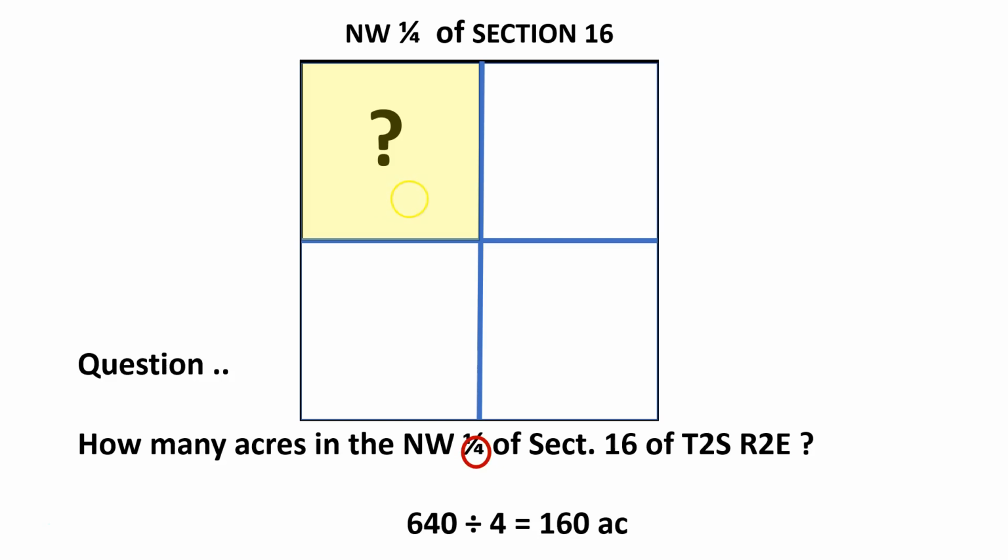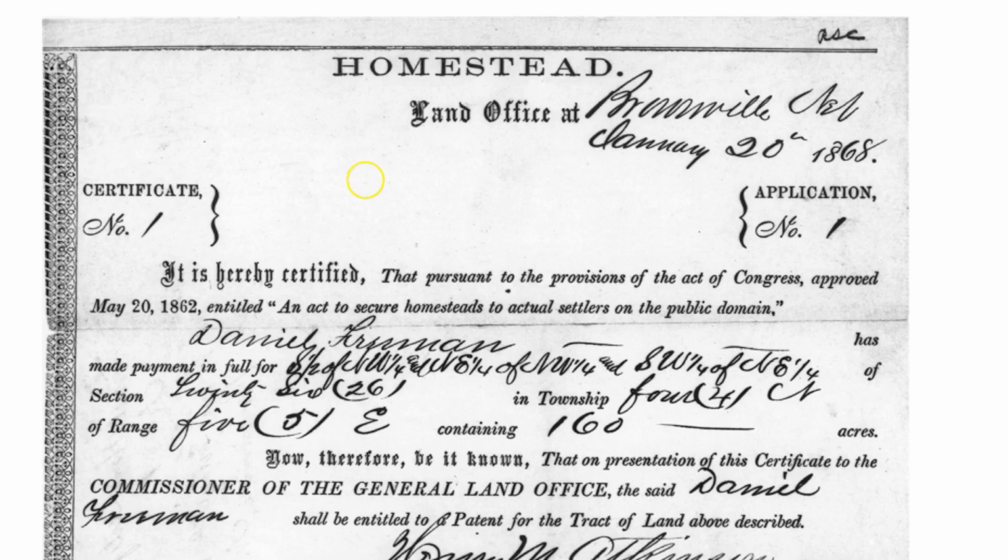160 acres. If we wanted to go further, here's an example of a homestead given to an owner by the state in 1868. And you can see here the legal description of the southwest half of the northwest quarter and the southeast quarter of the northwest quarter and the southwest quarter of the northeast quarter in section 26, township 4 north of range 5 east, and containing 160 acres.